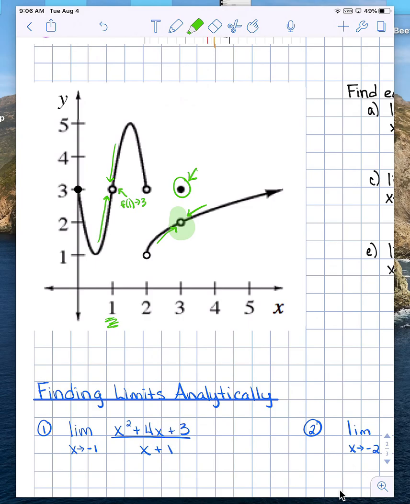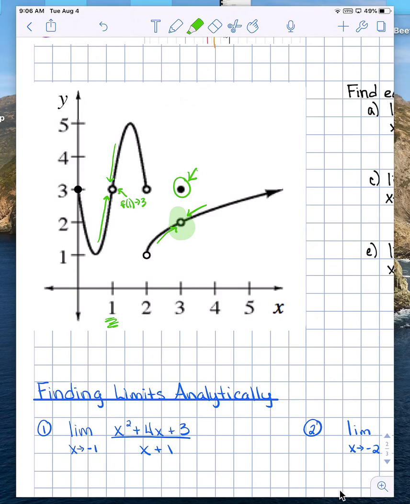But you have to realize we're following the function, getting closer and closer and closer, creeping up on that value when x is 3. So in this case, the y value that this function is getting closer to, the y value of that hole, is 2.